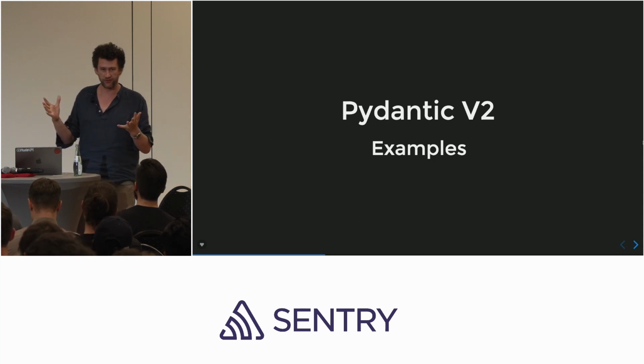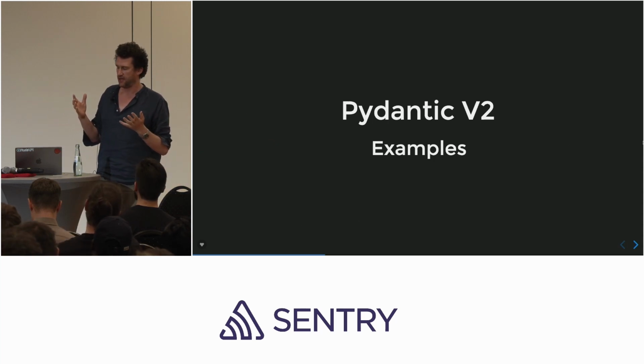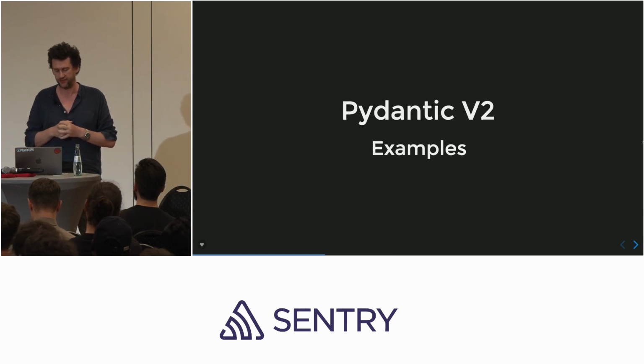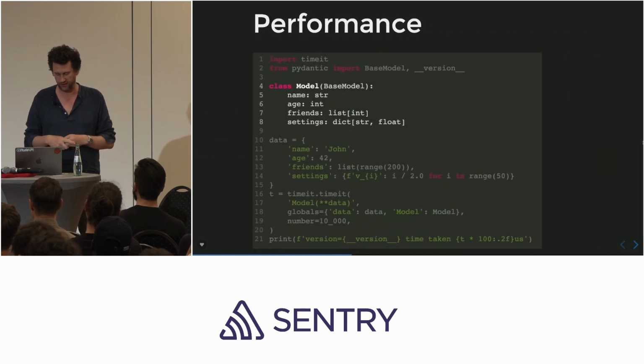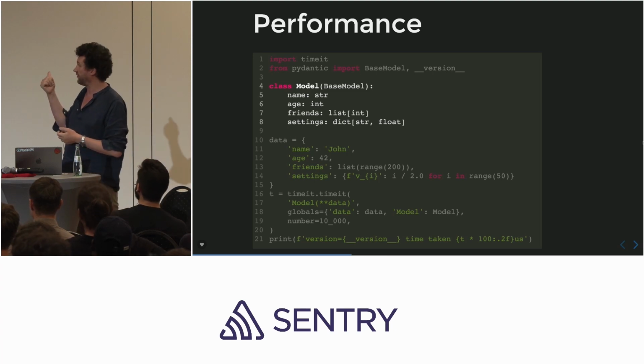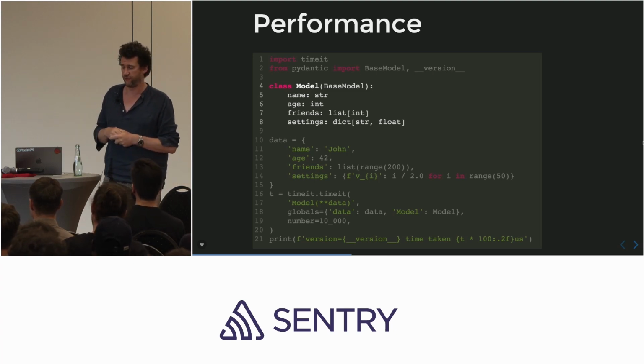So, some examples of Pydantic v2. I gave a similar talk earlier in the year before Pydantic v2 was released, so hopefully lots of this won't be as new to some of you. But first of all, performance was obviously the headline change in Pydantic v2. We have a very simple Pydantic model here with 4 fields.